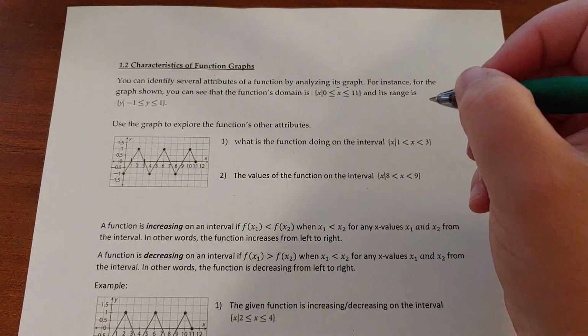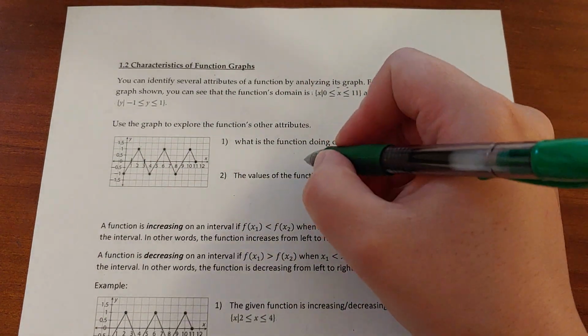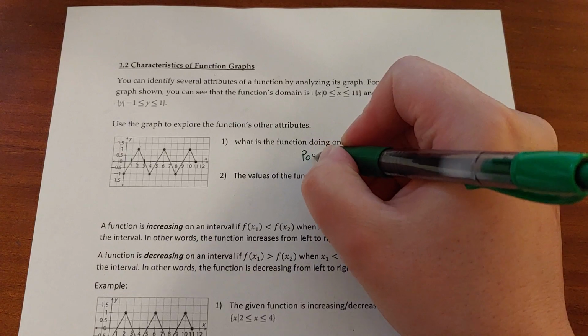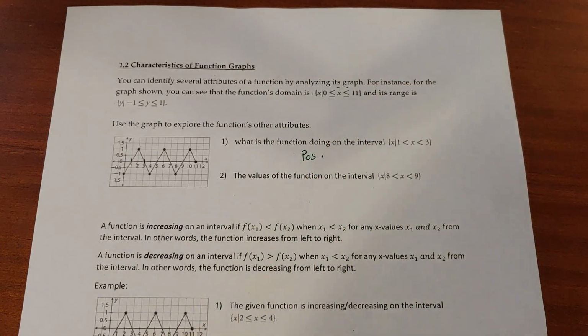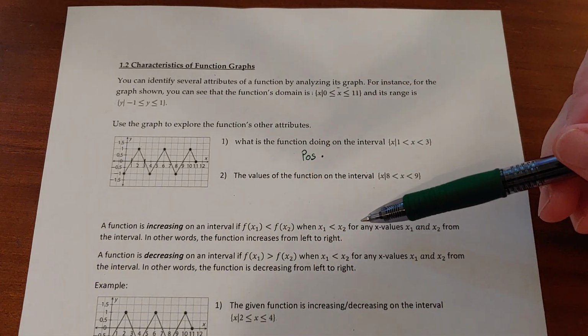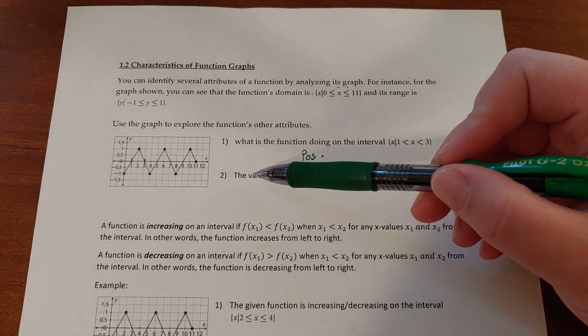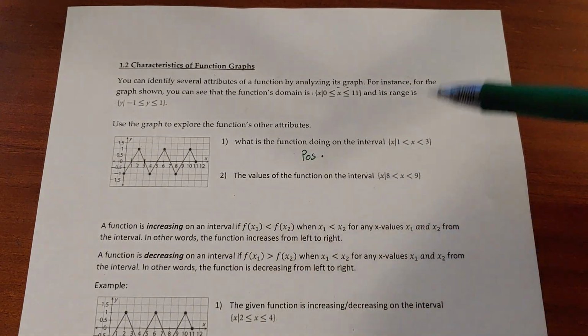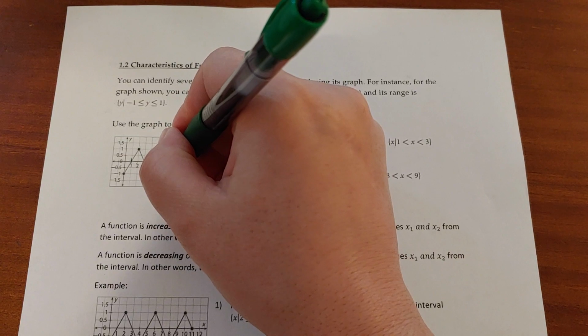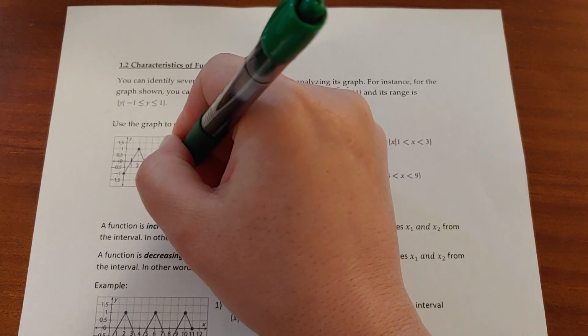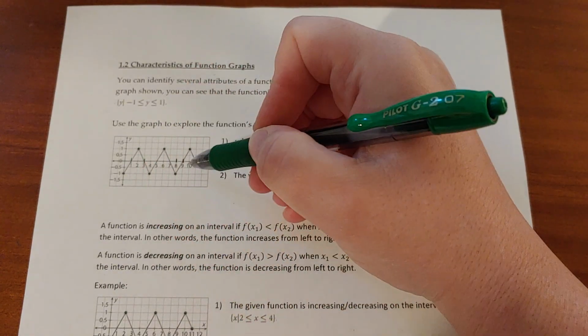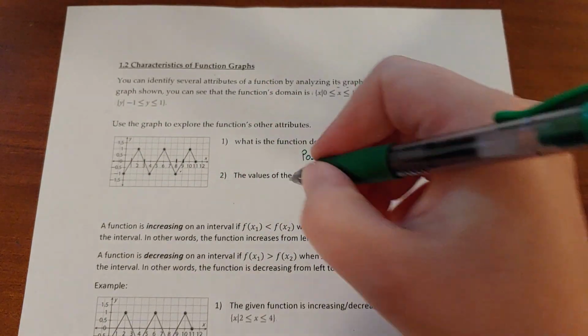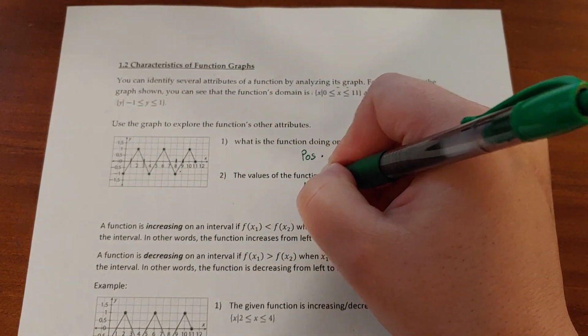So we would write it is positive. Down here, what are the values of the function on the interval 8 to 9? So 8 to 9, your function is down here. So your values are negative.